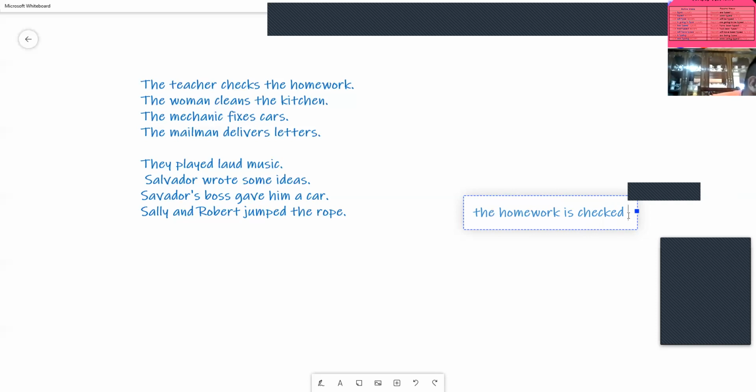Homework y the check. Sería el sujeto, ¿no?